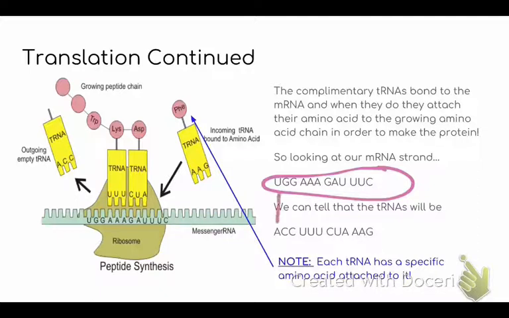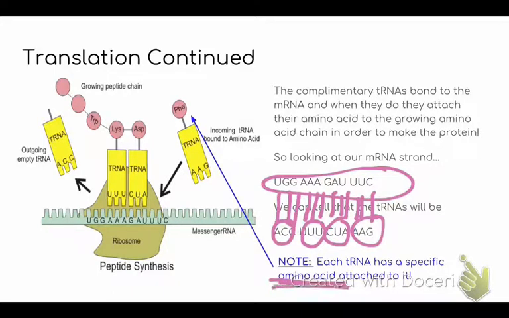So U bonds to A, G bonds to C, G bonds to C, A bonds to U, U, C, U, A, G. And these tRNAs each are attached to a specific amino acid. And that's how we grow our amino acid chain.